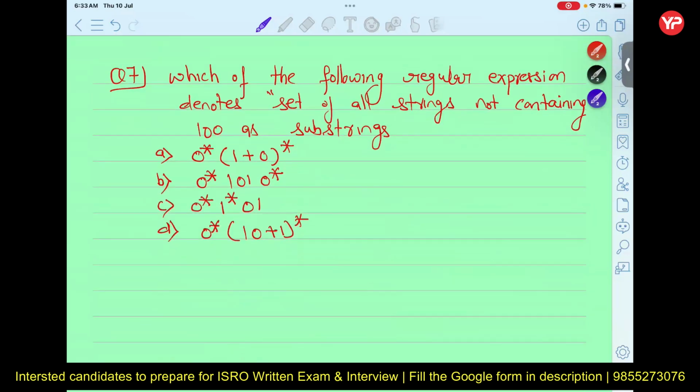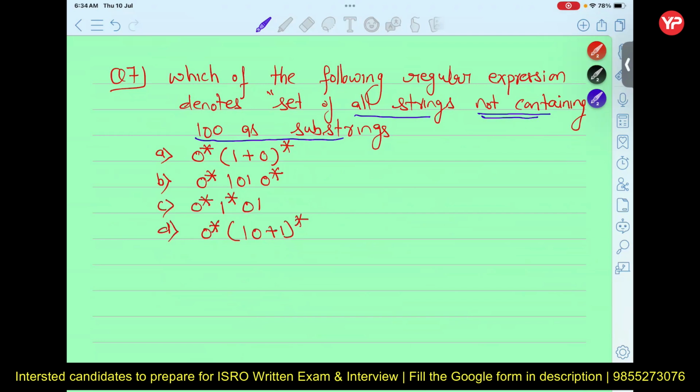Which of the following regular expressions denotes the set of all strings not containing 100 as a substring? See, in this type of question, you just have to check the regular expressions and find out which is correct.